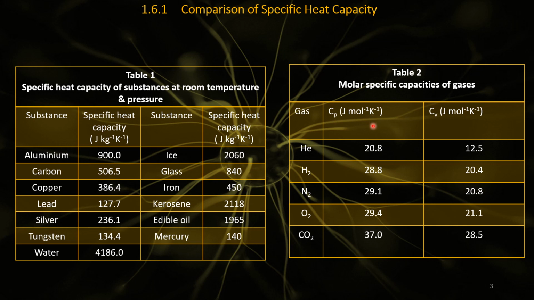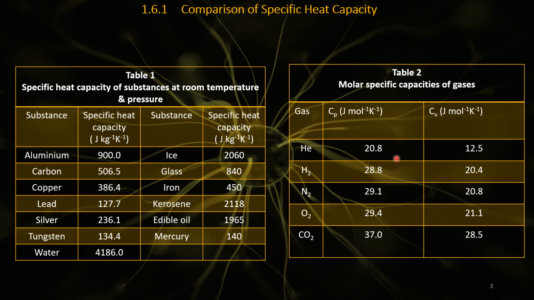So at constant pressure, take for example the gas helium. It has a Cp of 20.8. Whereas if you keep the volume constant, then helium's Cv, that is molar specific heat, is 12.5.